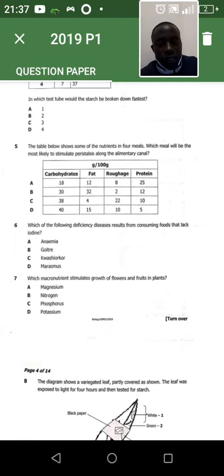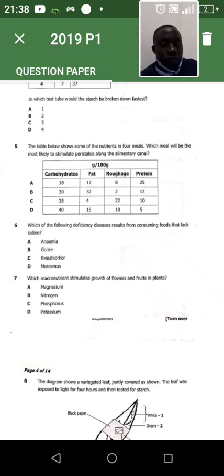So question 7. Which macronutrient stimulates growth of flowers and fruits in plants? So which macronutrient stimulates growth of flowers and fruits? Okay, so we are dealing with question 7 there.